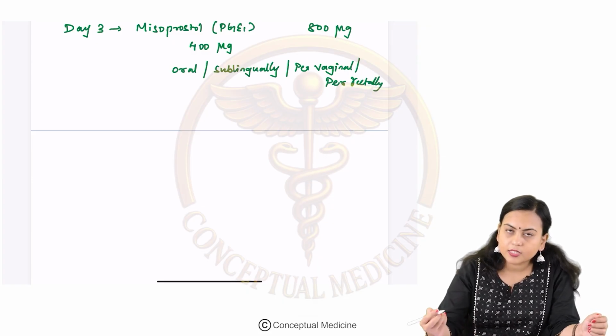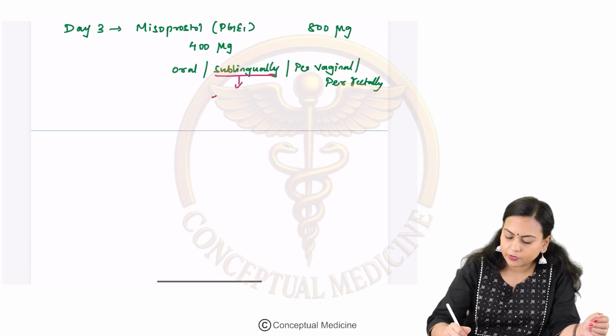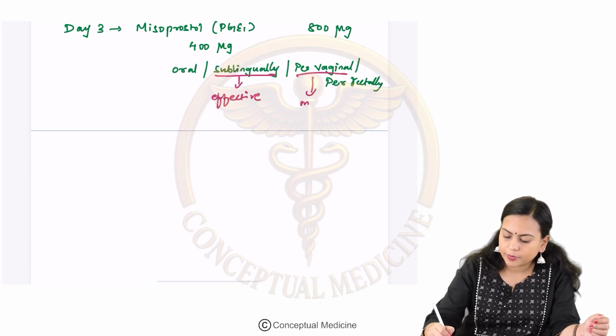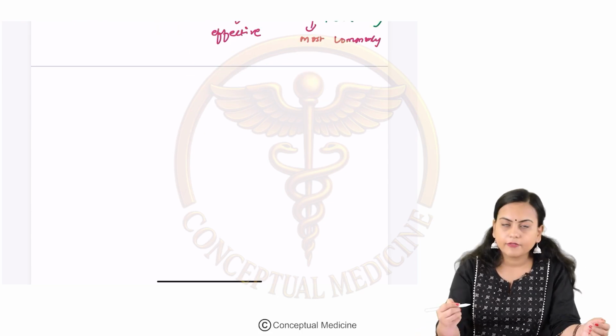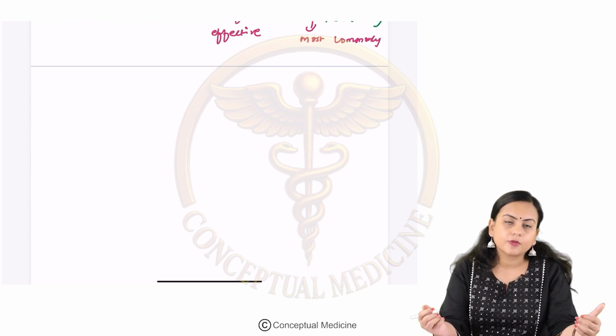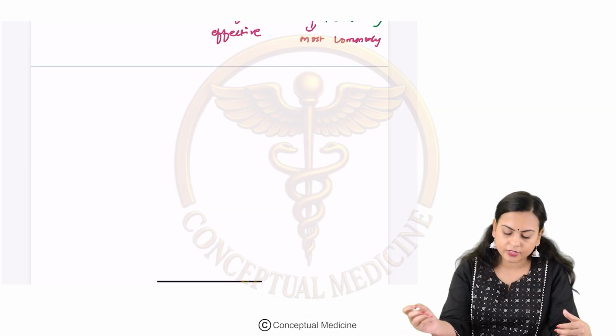Okay, the most effective route is sublingual route. Okay, but most common route is pervaginal route. Most commonly we will give it as a pervaginal dosage. Okay. When you give misoprostol, the products of conception will be expelled in another 4 to 6 hours.